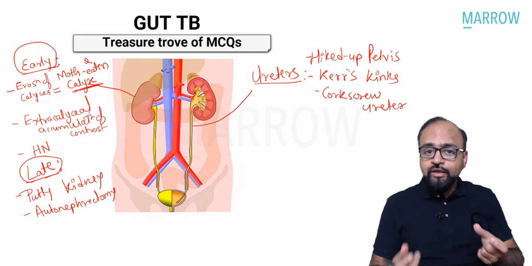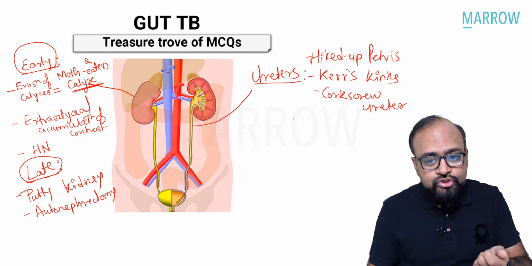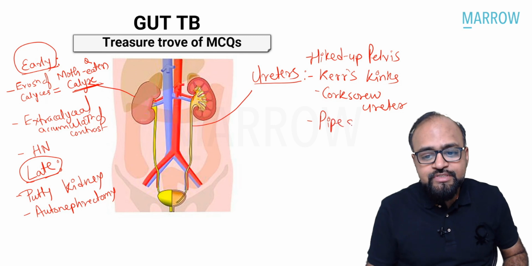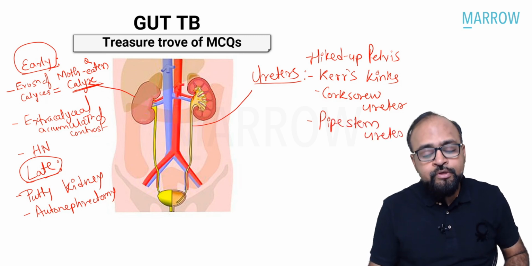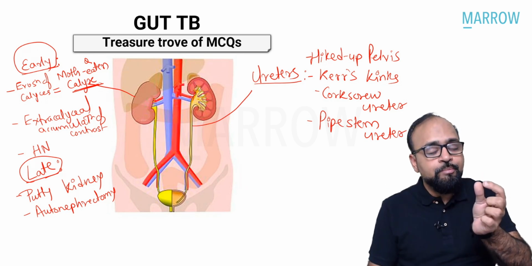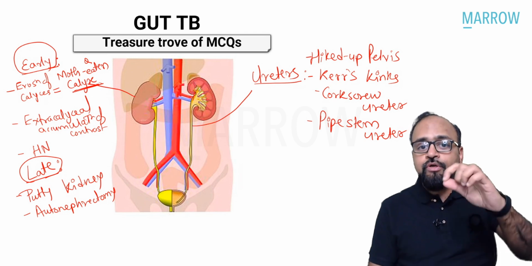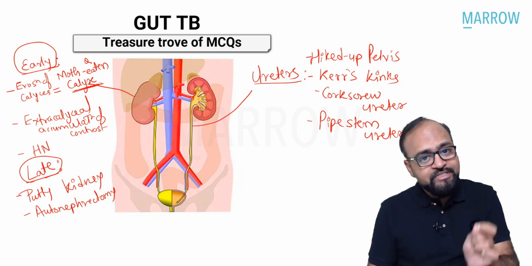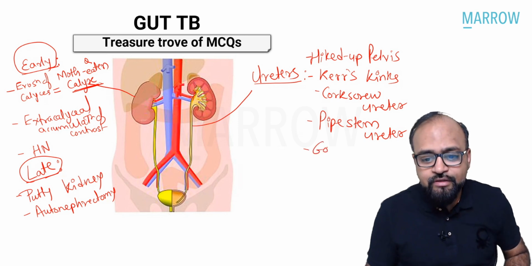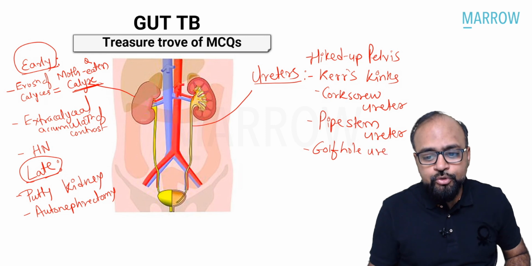The ureteric wall becomes thick, fibrosed, and dilated, and this is what gives rise to your pipe stem ureter. The ureteric orifices appear like a hole when viewed by a cystoscope, by passing a camera into the bladder. This is what is called the golf hole ureter.